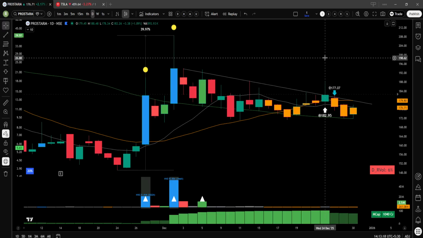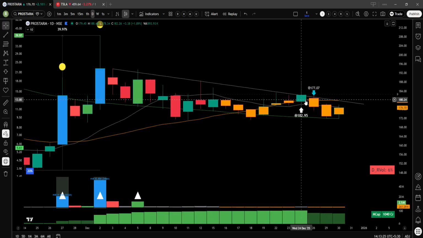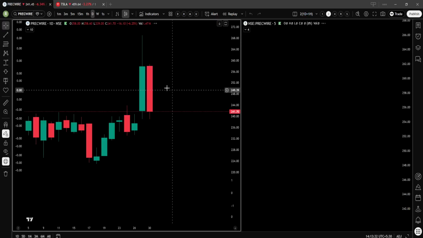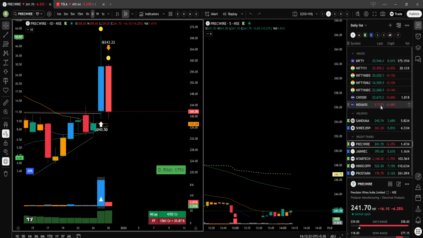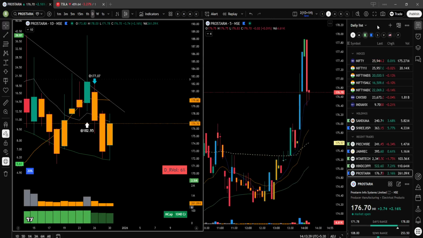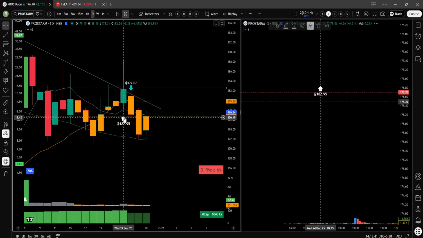And I enter via 5 minute or 15 minute range breakout.